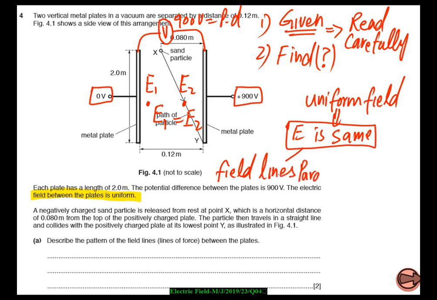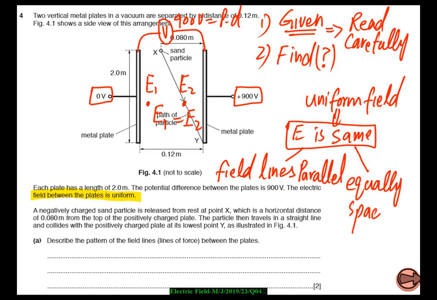The second thing is that they also have to be equally spaced, meaning the space between lines has to be the same. So the lines have to be equally spaced if the field is a uniform field.